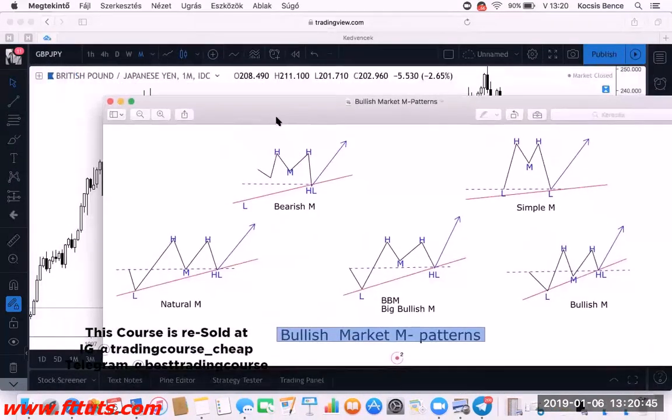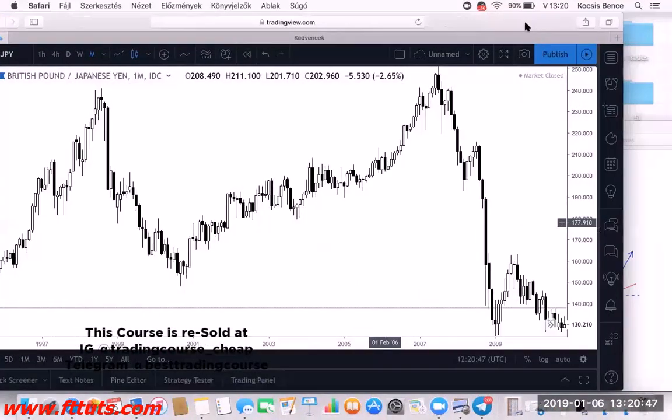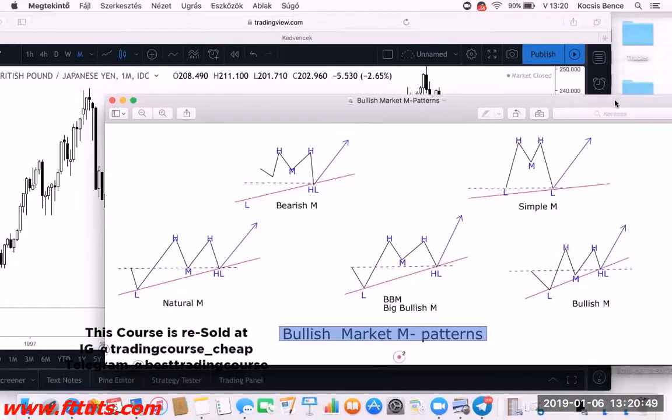On the bullish market, we are looking for the M patterns.